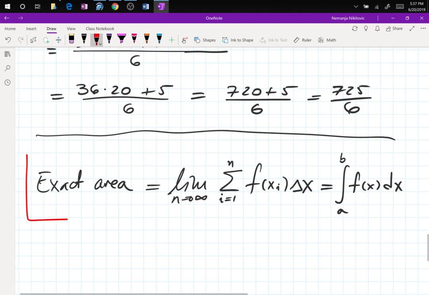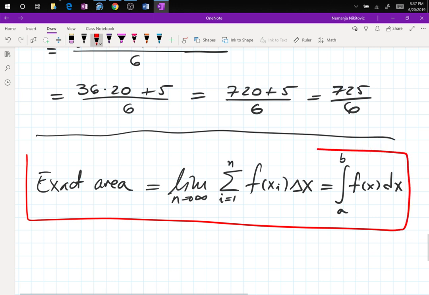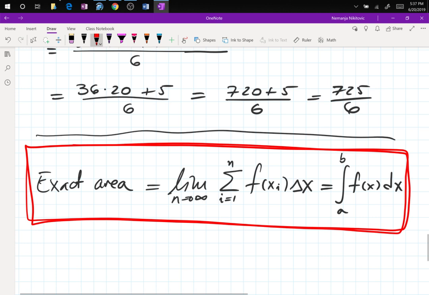This is the focus of 5.2, and since we learned in 4.9 all the shortcut formulas for integration, we don't have to compute the limit sum problem. We can just go and compute the integral instead. So you said this would be the better method.